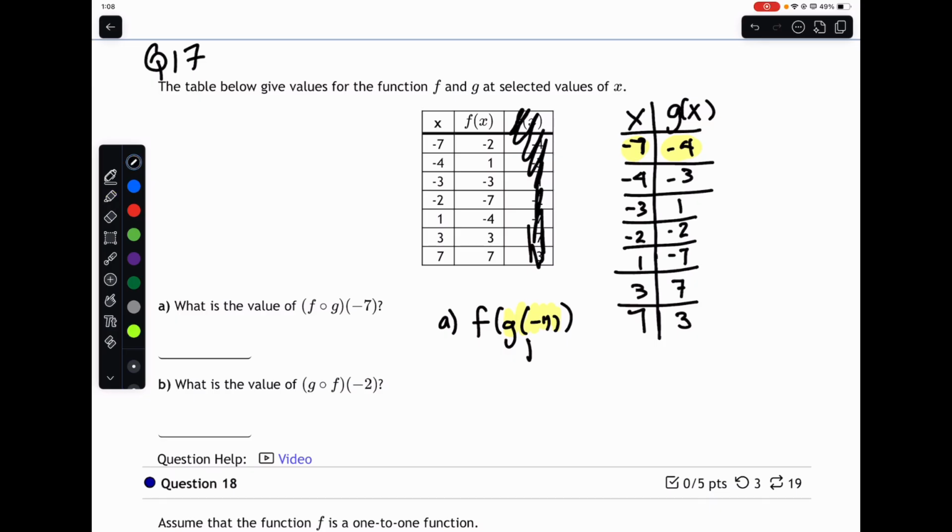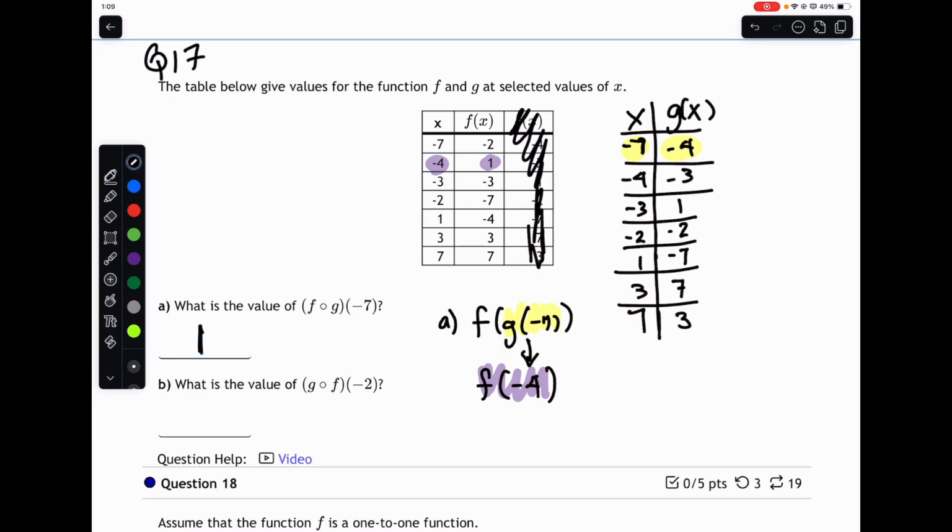So this equals -4. Now step 2 is to plug that into the f function. If I look at the f function here, we're going to look at the x value of -4 and see that the y value is 1. So the answer to part A is 1.